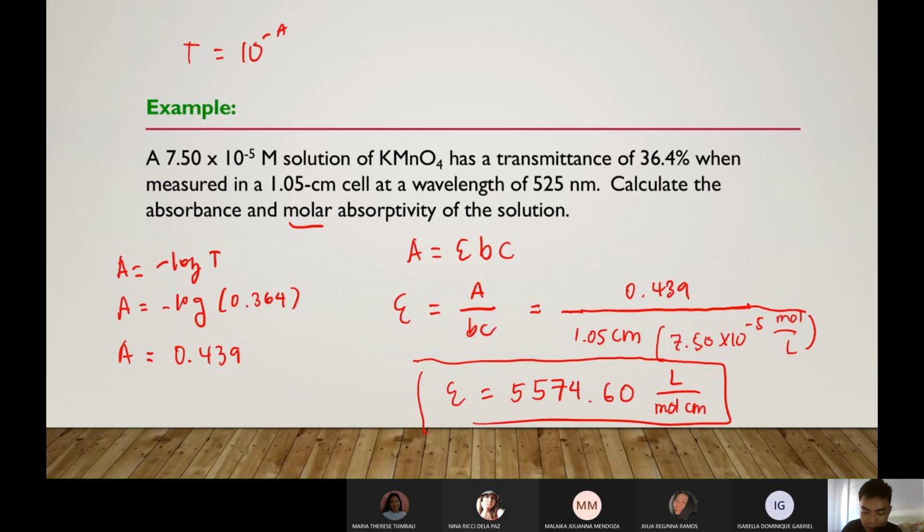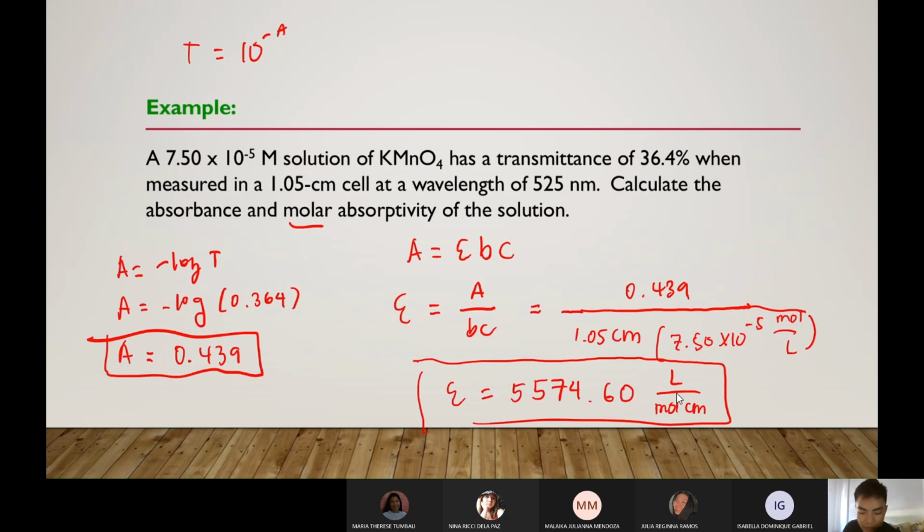Okay, so that's how we get that constant. And constant yan. Constant yan. Okay, so ibig sabihin, yan yung epsilon ng KMnO4. So it doesn't matter kung ano yung concentration niya, basta yun yung kanyang epsilon. Okay. Ang epsilon ay depende kung sino yung chemical na ina-analyze mo. Yun yung constant niya. Okay.